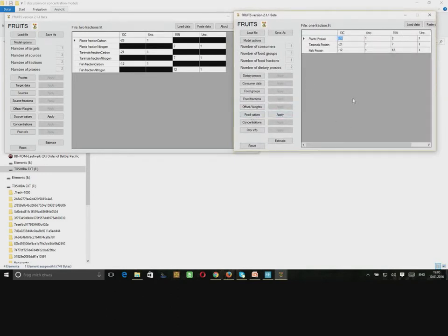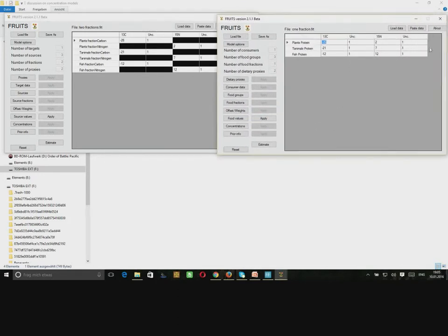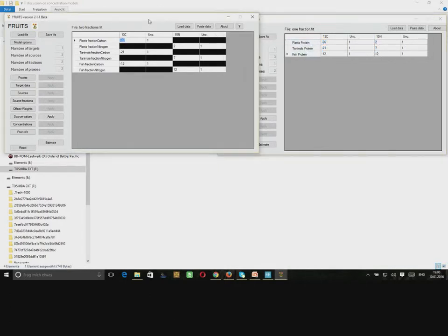So we have the C13 and N15 signals for the protein fraction within each food group defined here. But in the model with two fractions, well, we have these black cells here which we cannot edit, and it's basically saying that for the plant carbon fraction, the only signal that we have to define here is the carbon isotopic signal and its uncertainty, because this fraction will not contribute to N15.